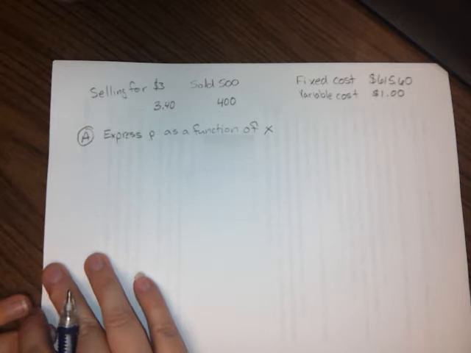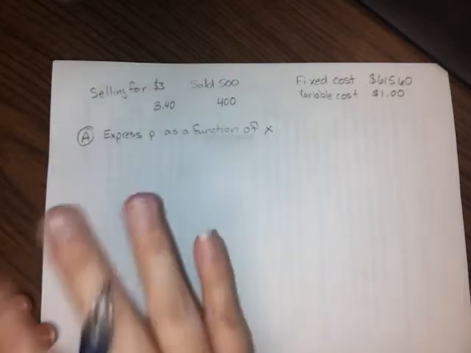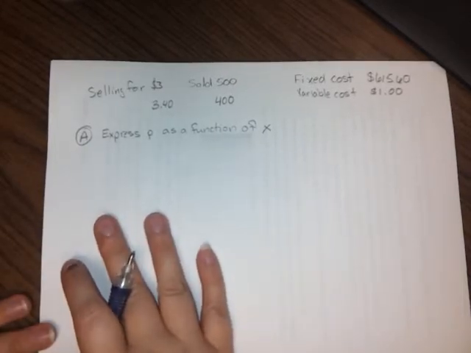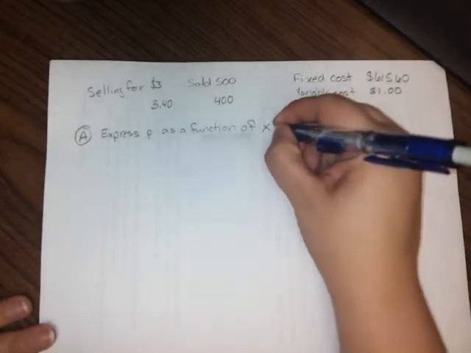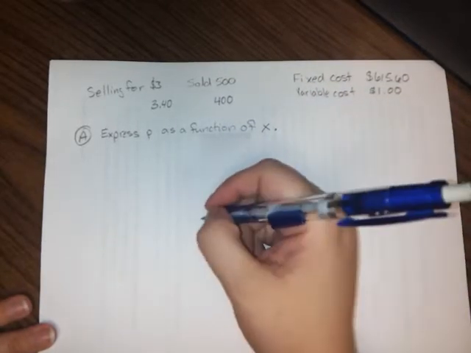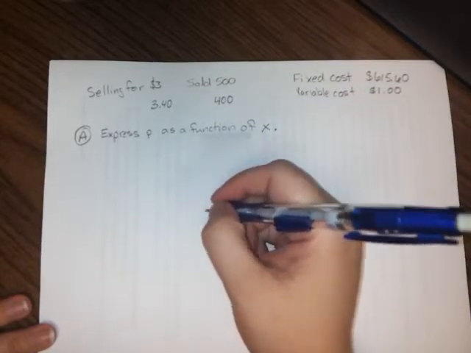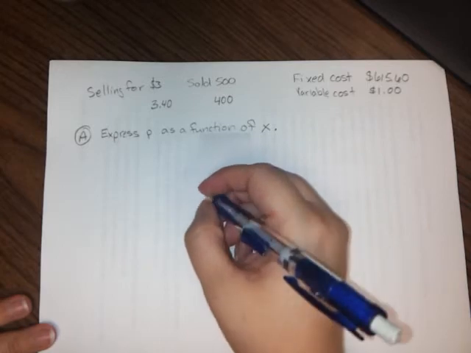And the way that we're going to do that is to come up with an equation for the slope of the line. So P is price and demand D is X.